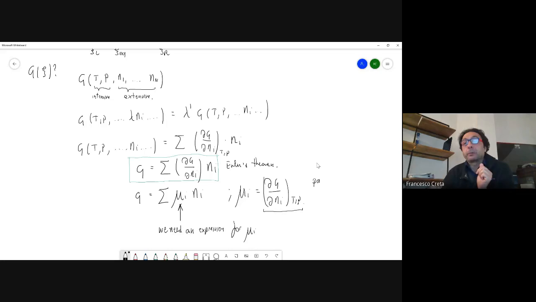So the chemical potential, I'll write it here. And the fact that I'm adding the word partial to molar means that it's really a different concept than just a molar Gibbs energy. It's a completely different concept.